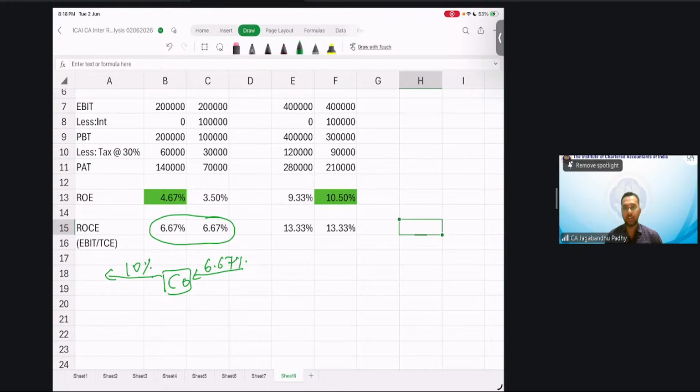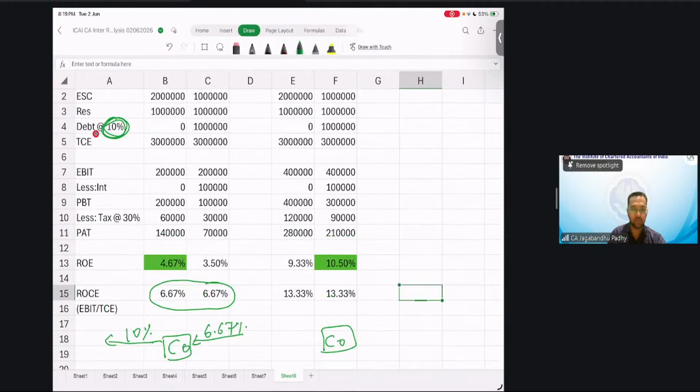Don't you think it's really problematic for the company? Because the company is earning 6.67%, but the rate of interest that we have promised to the financiers is 10%. You are earning less and you have promised a higher rate.